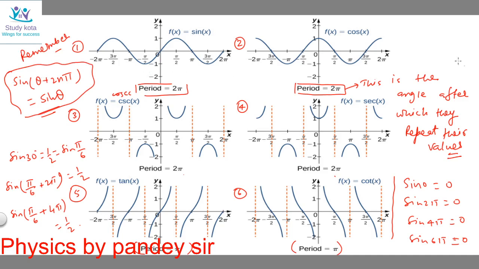Okay, you can also write here, on the right side, cos theta plus 2n pi. You will get the same value, cos theta. So after adding each 2 pi, the graph comes to its initial position. So please write it down.